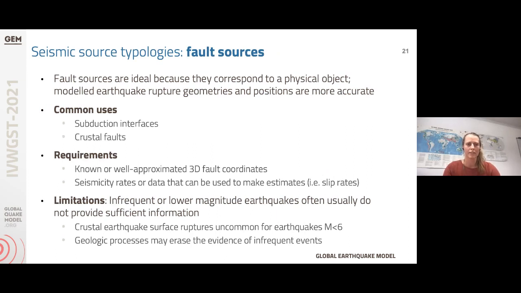Starting out with fault sources, these are ideal because they correspond to a physical structure that exists. And so when we model earthquake ruptures on a fault, the geometries and positions are more accurate. Some of the common uses for fault sources are subduction interfaces and crustal faults, places where there's evidence of earthquakes having occurred before and that were large enough, or frequent enough, that we're able to really delineate a structure using that evidence.